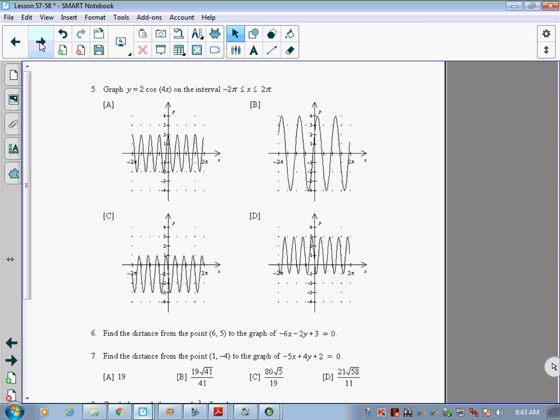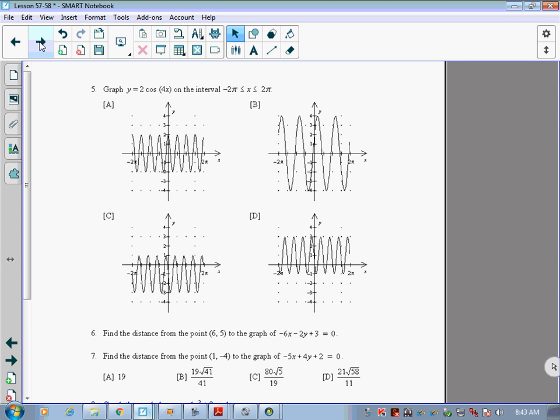All right, let's come over here. Graph y equals 2 cosine 4x. All right, so again, this is a period change. What does 2 represent? Yep, what is 2? No, not the center line, the amplitude, right?